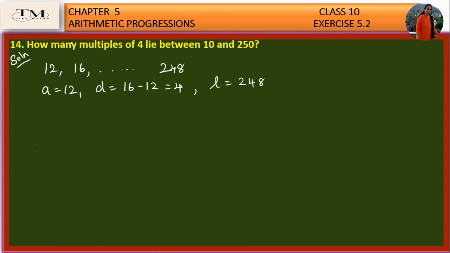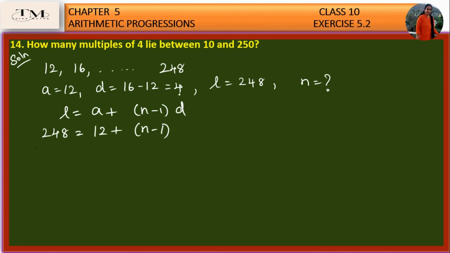Here also we have to find n. How many multiples? So we have to find n. So l is equal to a plus n minus 1 into d. What is l? It is 248. a is 12 plus, we don't know n. What is d? It is 4. So 12 plus n into 4, 4n, minus 1 into 4 is minus 4.